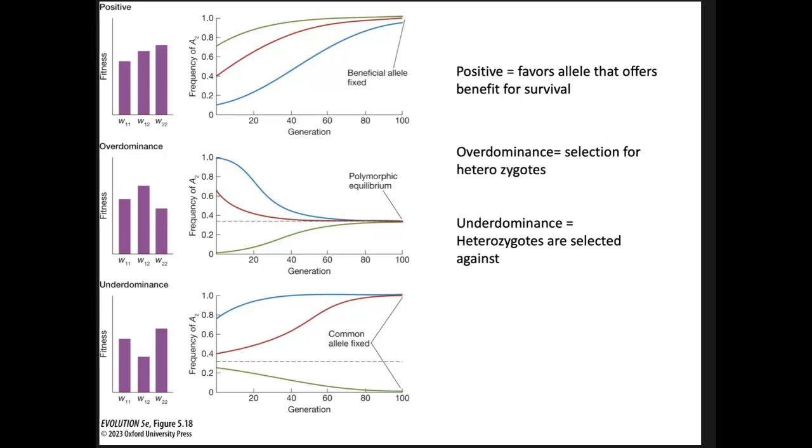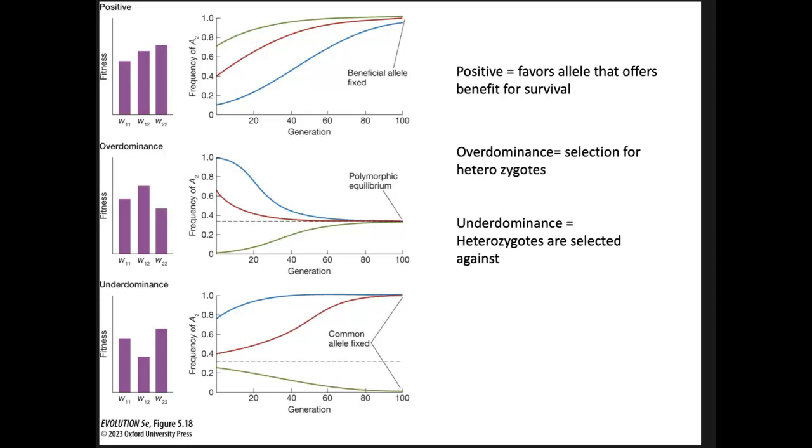Okay, so this is our very last slide here, and I just want to go over a couple of things that happen in terms of the allelic frequencies and the trajectories under different types of selection. So we talked about positive selection, but there are other things that can happen. Overdominance and underdominance.